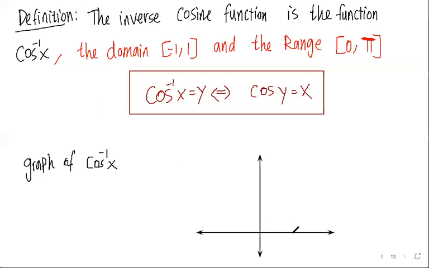It starts at 0, goes up like this, then stops here. This point here is -1 to 1. This point is 0. This point is pi.